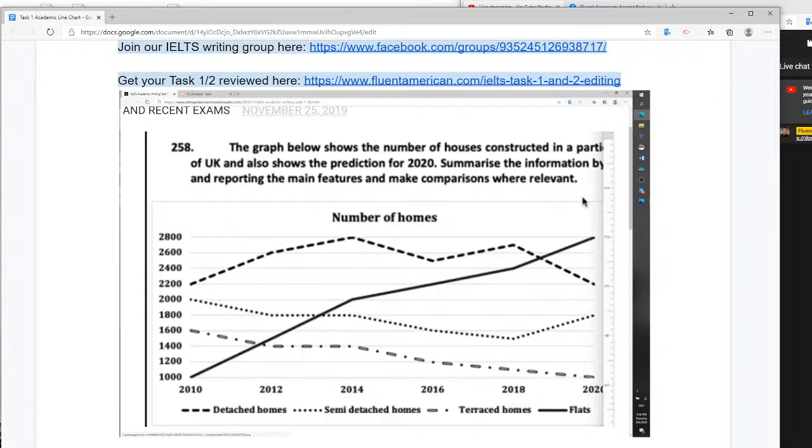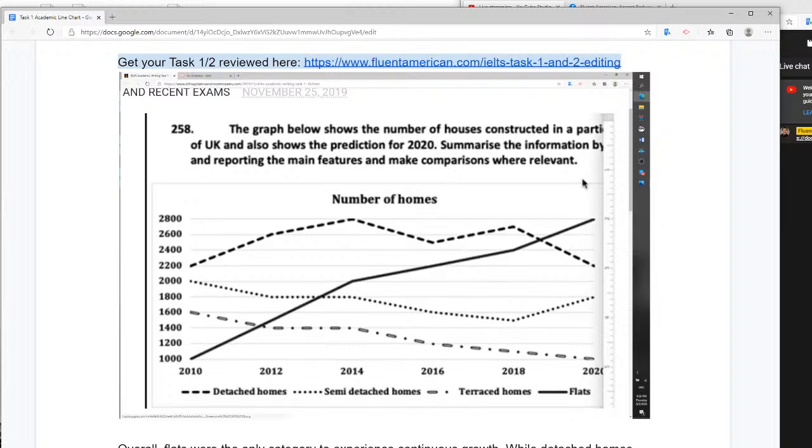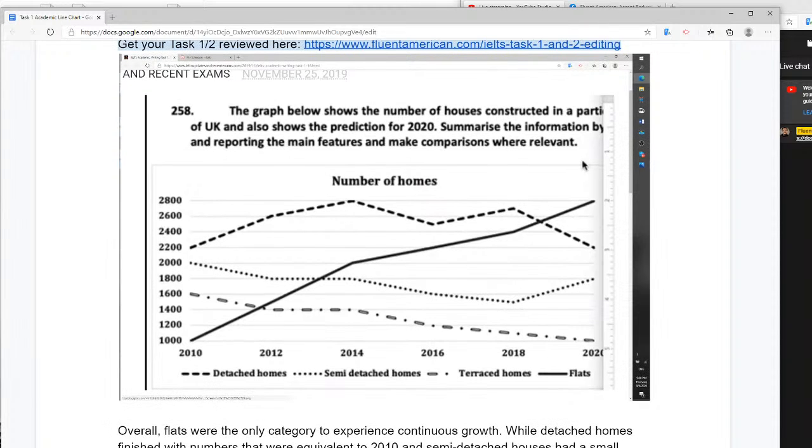I may even add a little adverb here. So even from 2014 to 2018, a time where the other groups faltered, they still managed to grow from 2,000 to 2,400 homes. Okay, so I think that would be fine for your detached homes category.